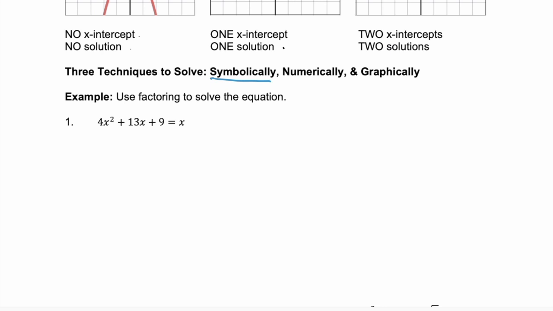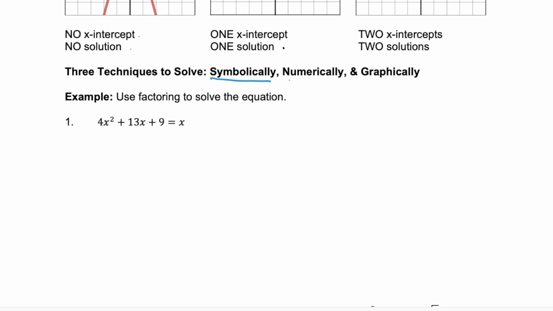I prefer to solve symbolically because you could have x-intercepts that do not intercept on a whole number. So what if you have an intercept of 1/2? If your graph is slightly off, it's going to be hard to see. But as long as you're doing good math, you're going to get the correct answer.